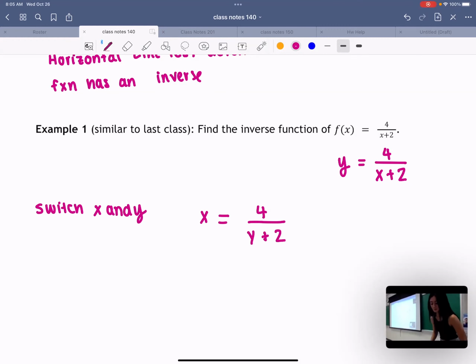Okay. So our next step is solving for y. Now, it looks a little scary because the y is in the denominator. I want to get y by itself, and I don't want it to be in the denominator. I want it to be in the numerator. So what do you think is a good step in getting y by itself here? Good. Multiply both sides by y plus 2.